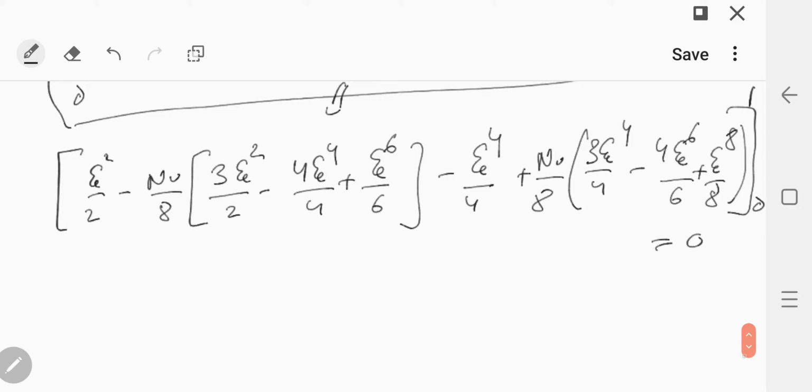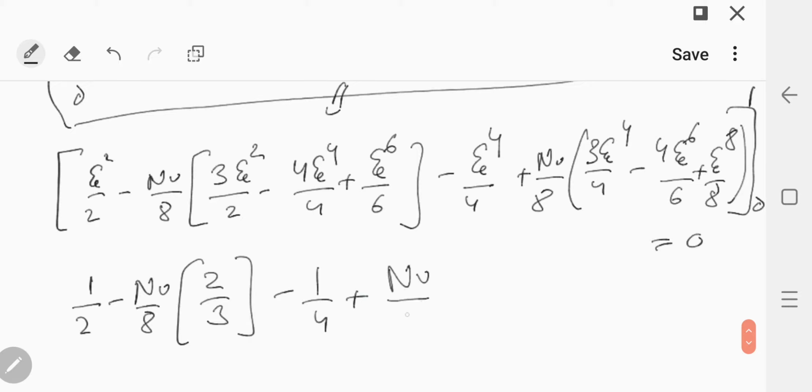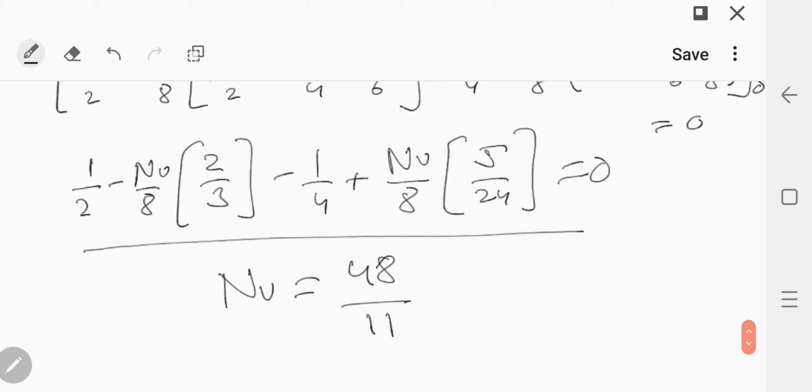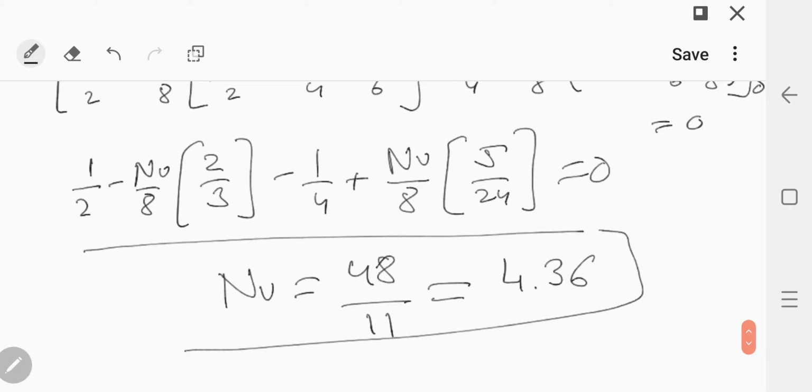Upon putting the limits, what I'm left with is 1 by 2 minus Nusselt number by 8 into 3 by, that is finally 2 by 3 minus 1 by 4 plus Nusselt number by 8 into 5 by 24 equal to 0, and finally upon solving this I have Nusselt number as 48 by 11. Now what is 48 by 11? 48 by 11 is 4.36.